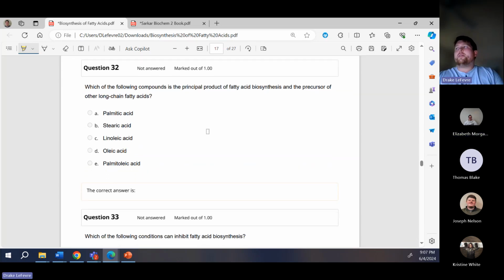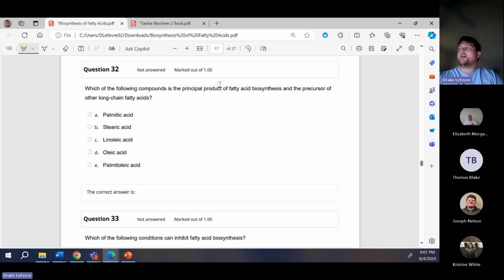Which of the following compounds is the principal product of fatty acid biosynthesis and the precursor of other long-chain fatty acids? This is why we talk about it so much. This is palmitic acid.